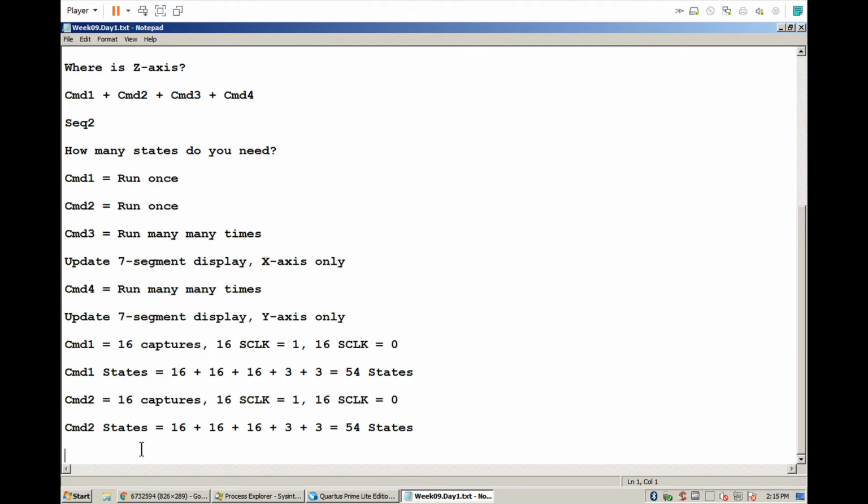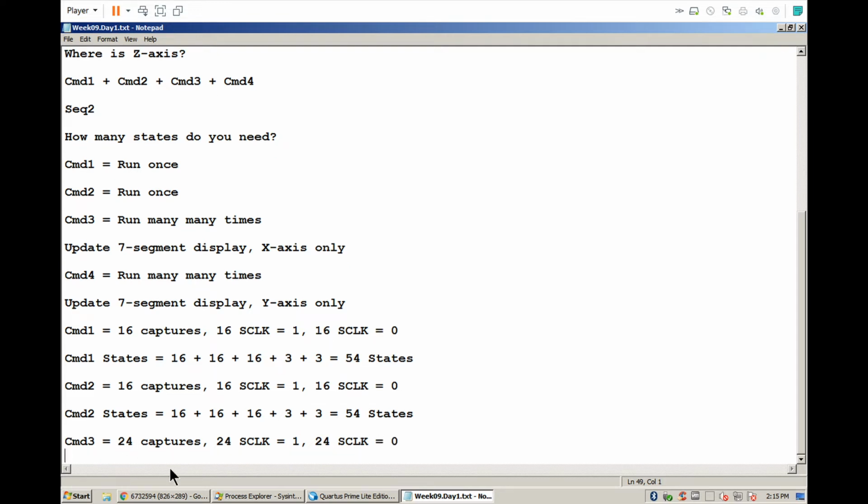So how many states you need? You have 24 captures, 24 S clock equal to 1, 24 S clock equal to 0.